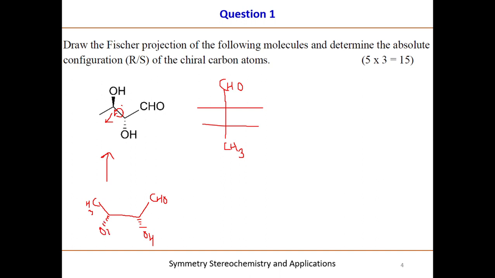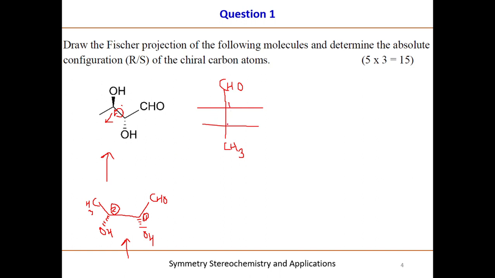Okay. Now if we are looking from this side, and this is our vertical line, the CHO group is on the front side and the CH3 group is on the bottom side. So here you can see this is carbon number 1, and this is carbon number 2.